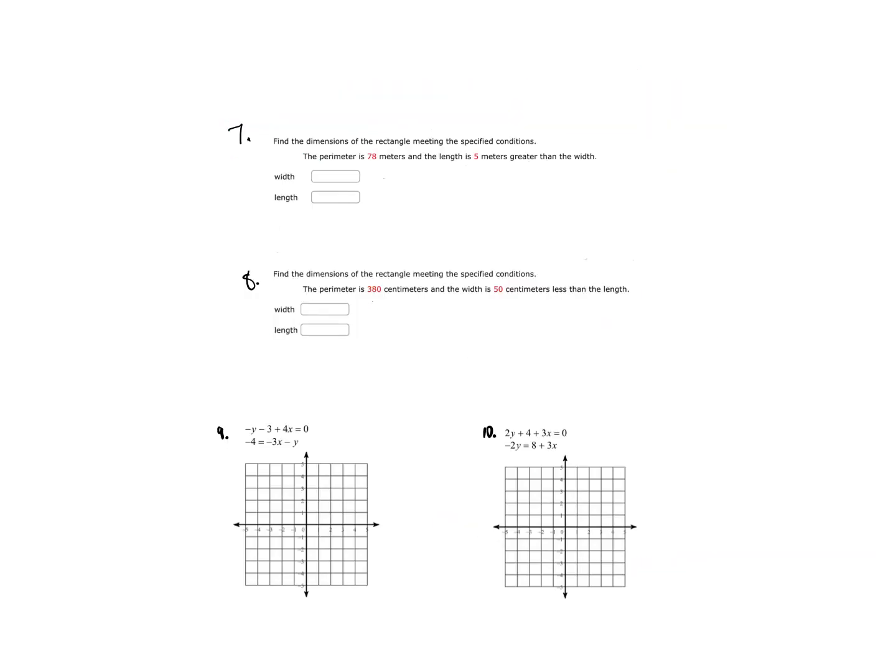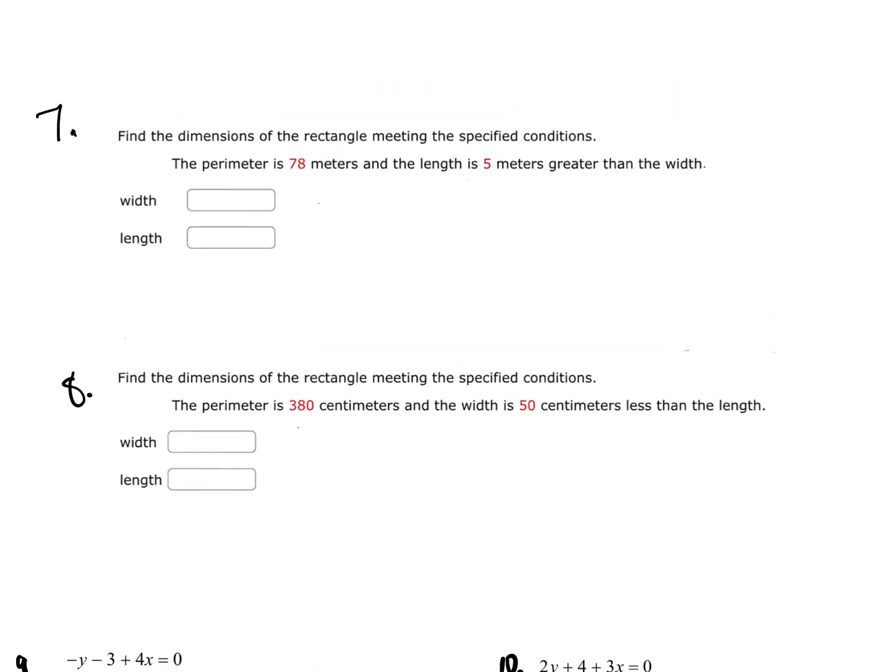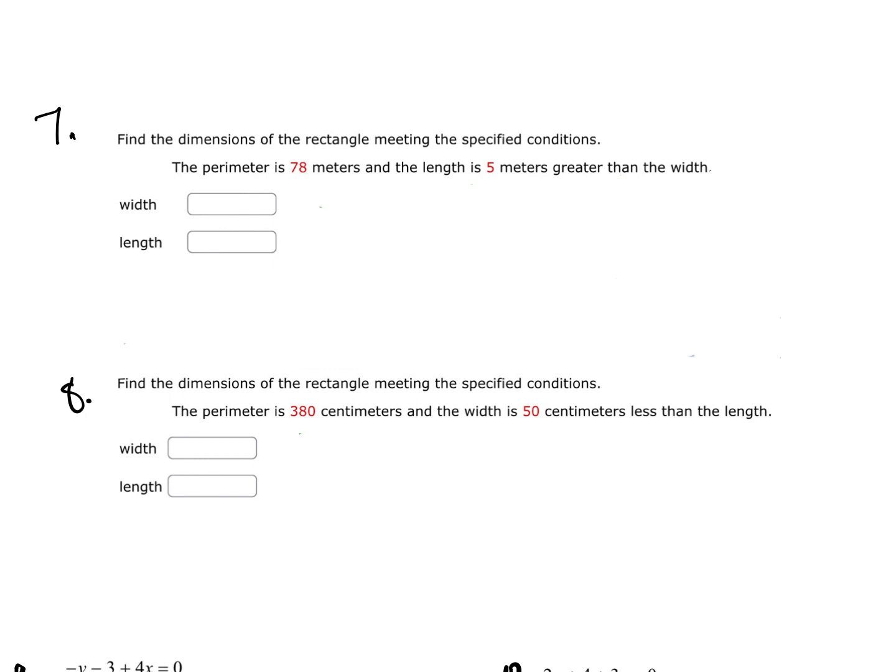All right, let's look at number 7. It says find the dimensions of a rectangle meeting the specified conditions. So the perimeter is 78 meters and the length is 5 meters greater than the width. What's our equation for the perimeter of a rectangle?